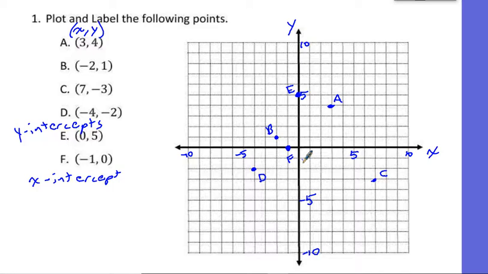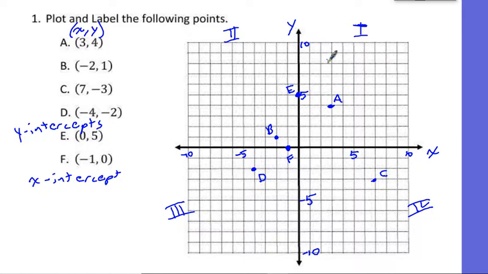At this point, I want to revisit each quadrant. Again, this is quadrant 1, starting in the upper right, and then moving counterclockwise, quadrant 2, quadrant 3, quadrant 4. Quadrant 1 is the quadrant where both x values and y values are positive, and so that's a good place to start.